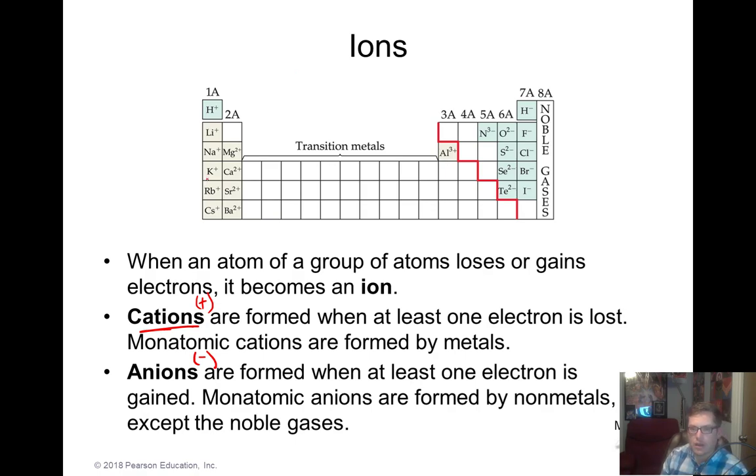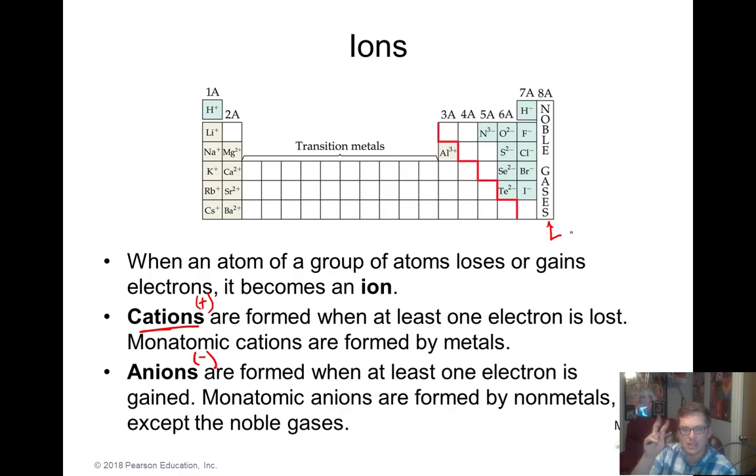So think about it this way. The noble gases, remember, were special because they don't react with other things. They just don't participate in reactions. Remember, chemical reactions are defined by breaking and forming bonds, and breaking and forming bonds happen between electrons. So the noble gases essentially don't want to share or give away or take new electrons.